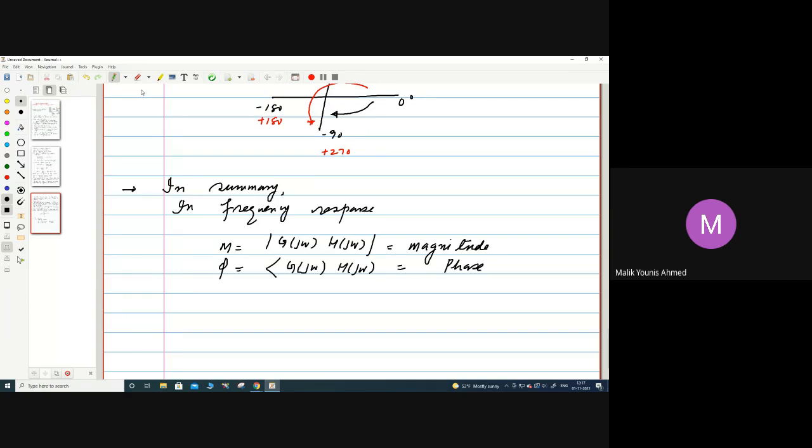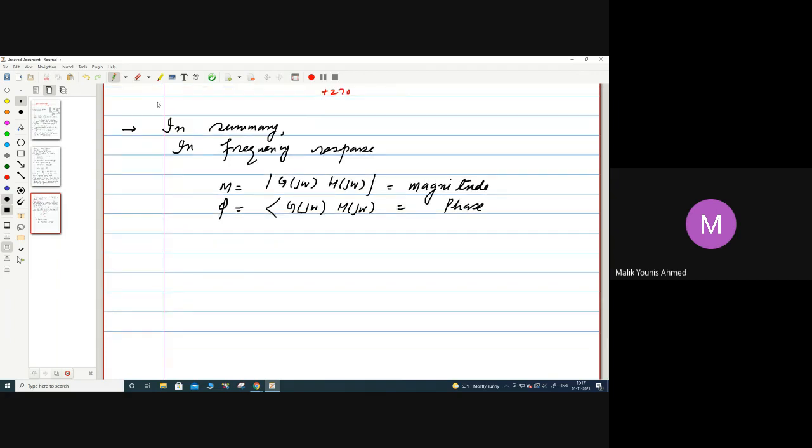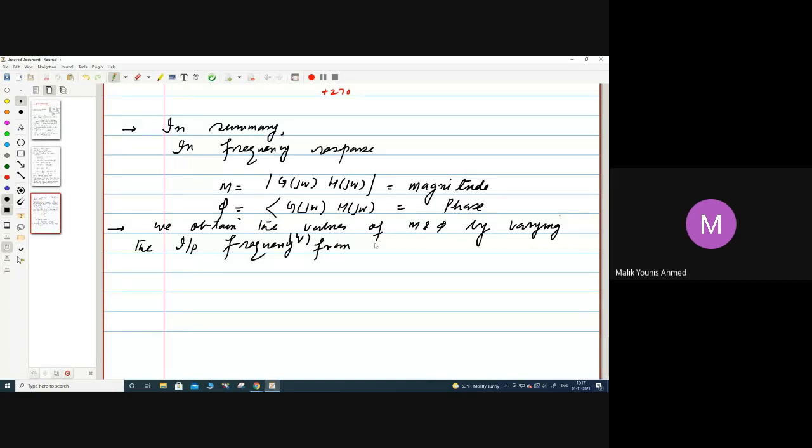Okay. We obtain the values of M and φ by varying the input frequency. The input frequency is omega, which, as you always know, we have to vary from 0 to infinity.